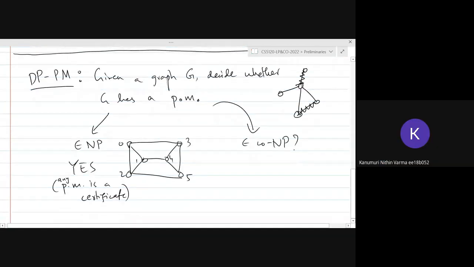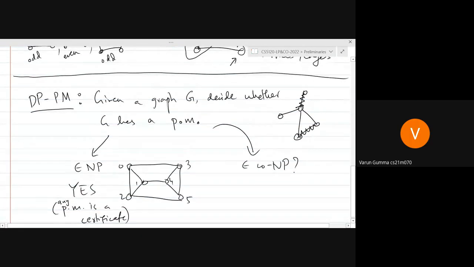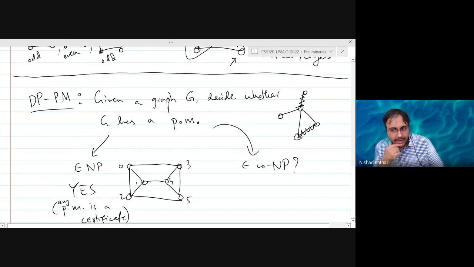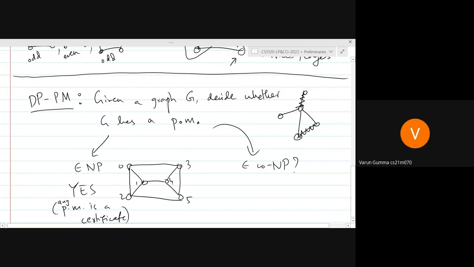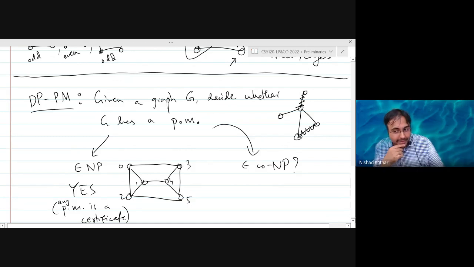Sir, just a small question. Yeah, go ahead. Does maximum matching mean an independent set? No, but it is an independent set in what is called the line graph of the graph. I mean, it just seems similar. That's why I got the question. Right. So the complexity is very different. Finding a maximum independent set is an NP hard problem.